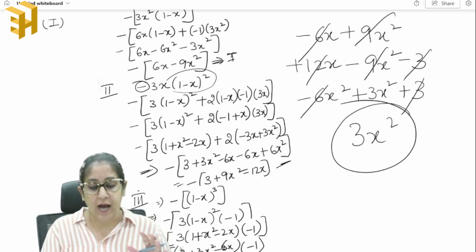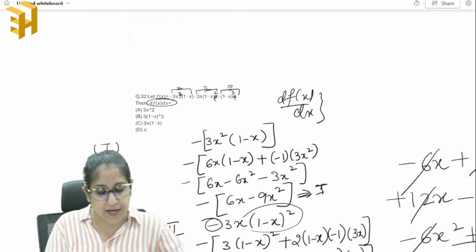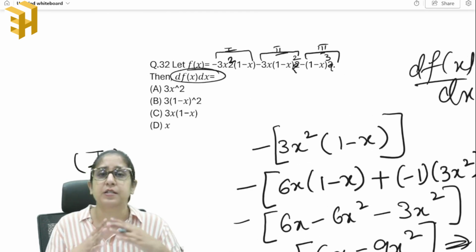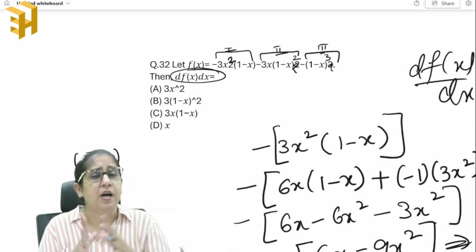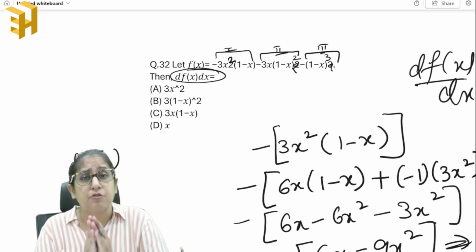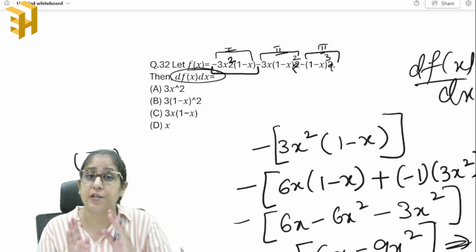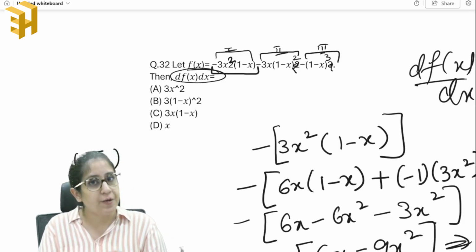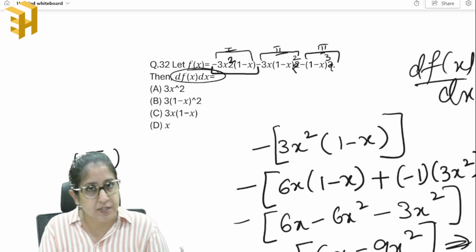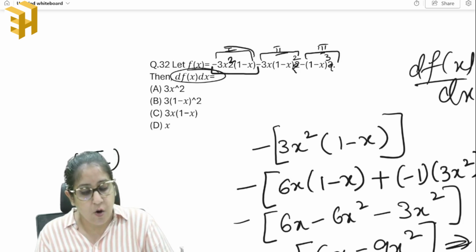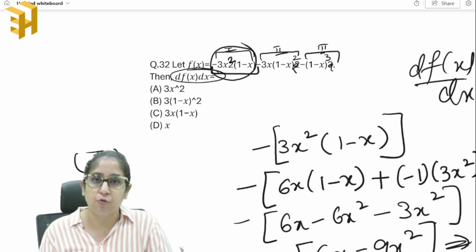Whenever we have such kind of questions, where there's too much of variables and too many things going on, like multiplication, the first thing you need to adopt is to divide the equation into parts, and it is always better to solve it in parts. Secondly, always apply the multiplication rules and division rules.